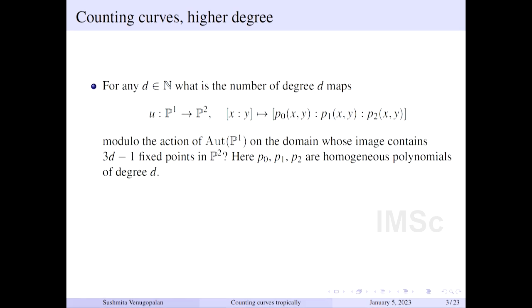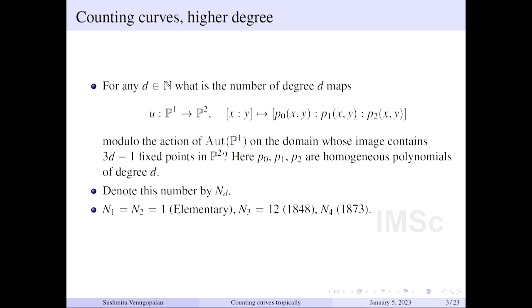To make sure that we get isolated solutions, if there is a solution, you shouldn't be able to move it and get a whole continuous family. In order to ensure that the set of solutions is unique, you need to fix 3D minus 1 points and constrain your map to contain those 3D minus 1 points in its image.